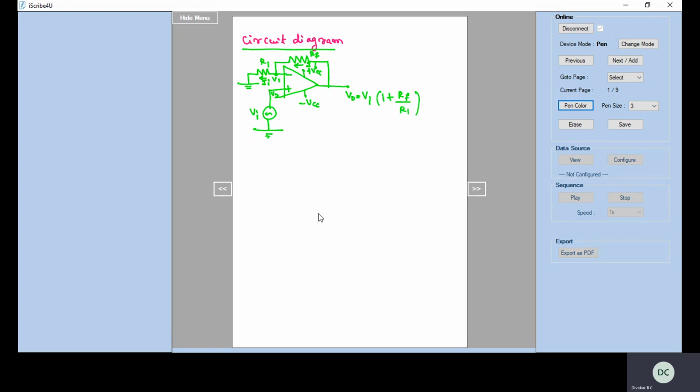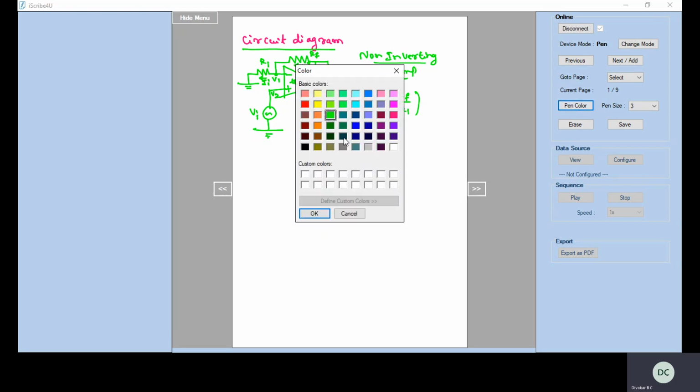So this is the output expression for the non-inverting operational amplifier. The most commonly used operational amplifier is the mu-A 741.